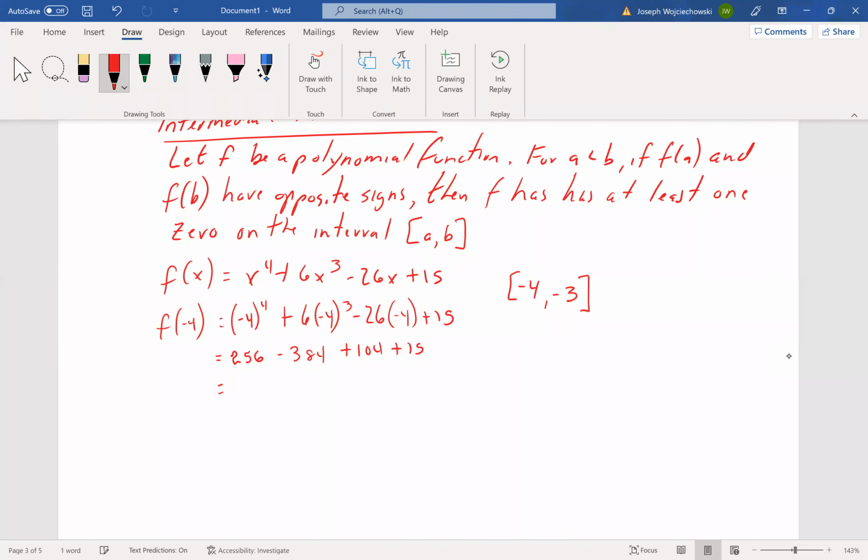So I have 256 minus 384 plus 104 plus 15. And this is -9.